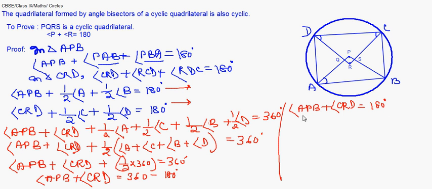So we got to prove this angle and this angle add to 180 degrees. So automatically even S plus Q also becomes 180 degrees, thereby making PQRS a cyclic quadrilateral. Hope you followed it. Thank you.